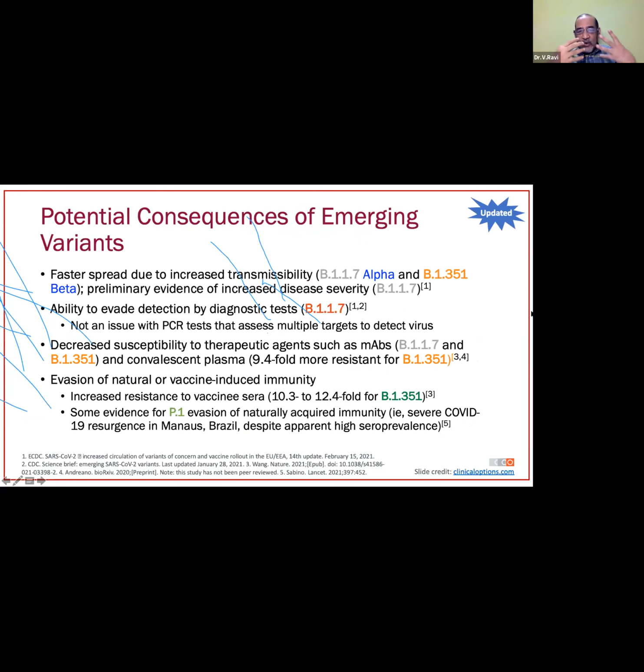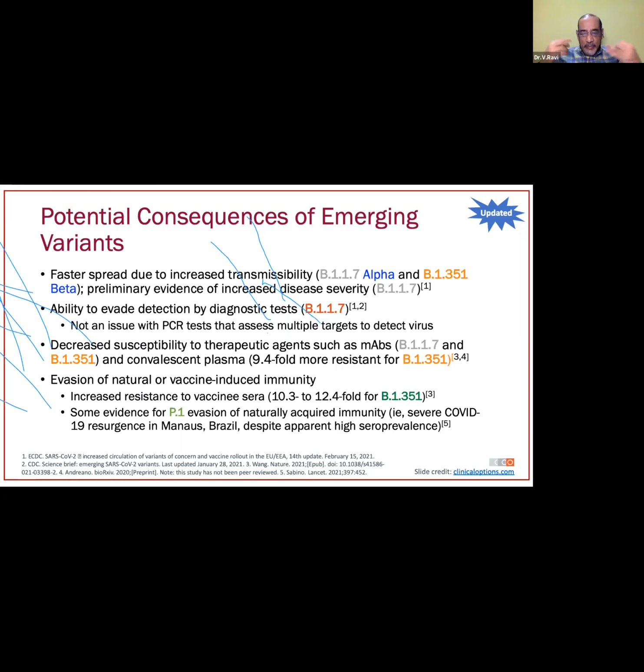What are the potential consequences of emerging variants? A, faster spread. B, there is some concern that it will make us miss routine diagnosis, but this has not been borne out because most diagnostic PCR tests today do not use only the spike protein region. They use many regions. We do a multiplex test.